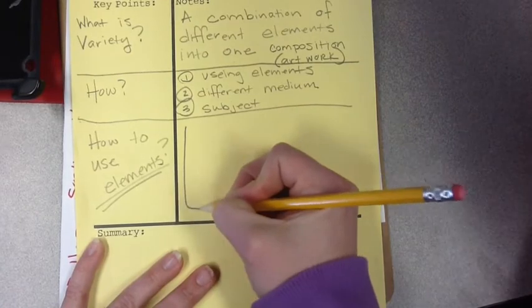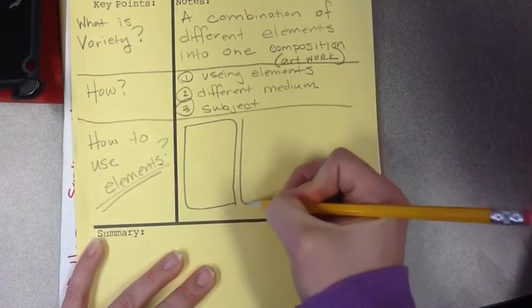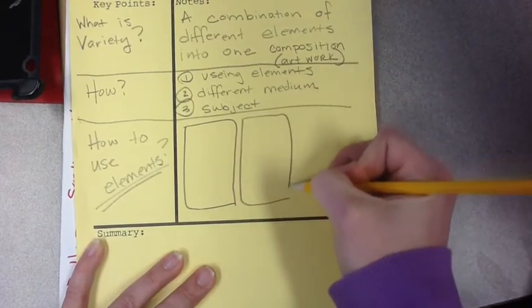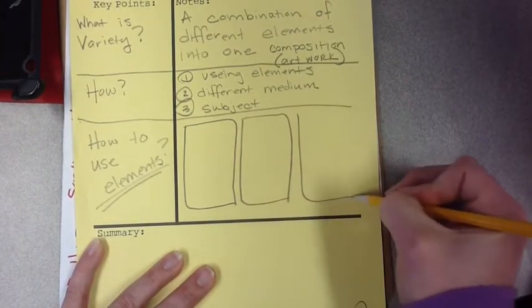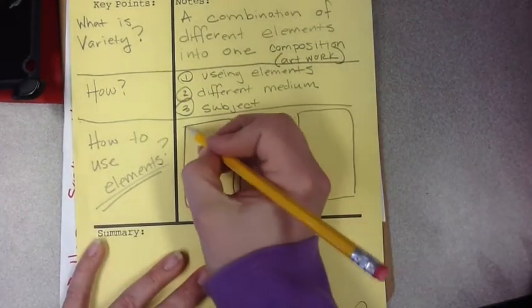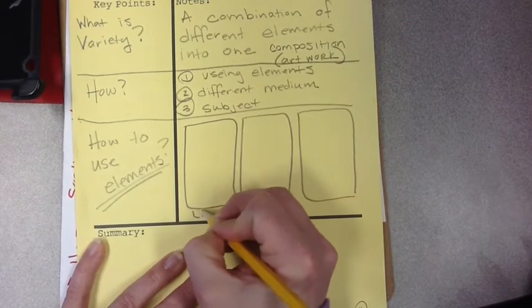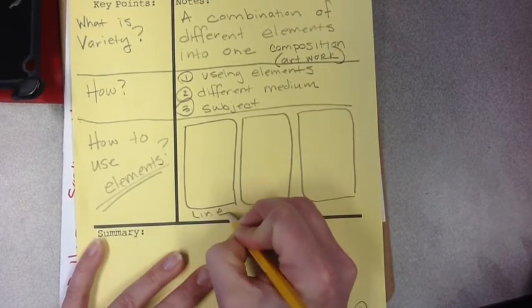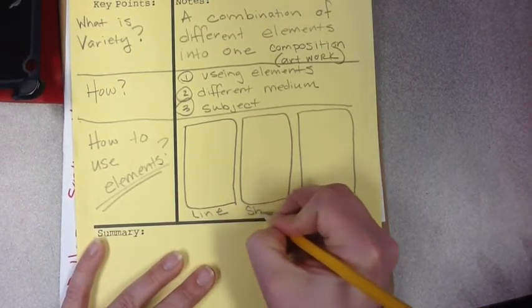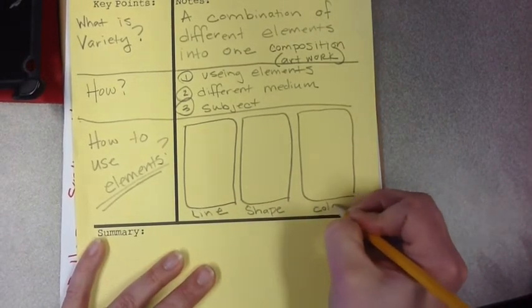Well, I'll do one with you, and then you can do the other ones. We're going to separate this section into 3 spaces. And you can even number, well, let's label them. The first one is going to be line. Second one is going to be shape. Third one, let's do color.